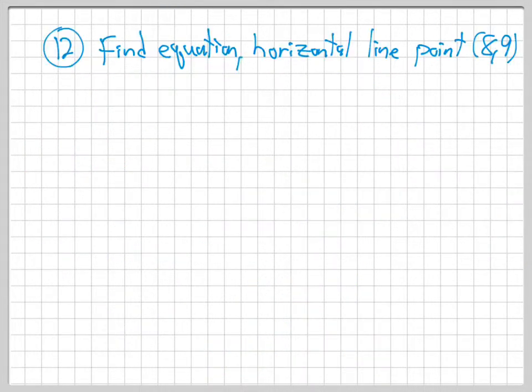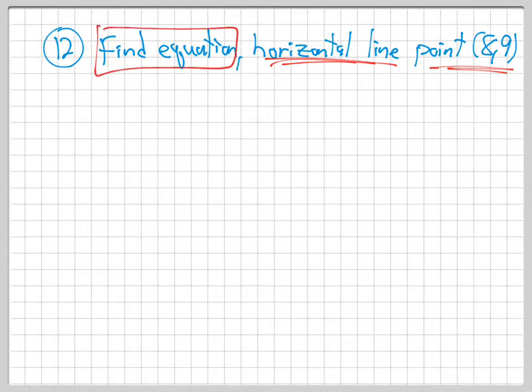All right, all these ones that say those magic words, find the equation, let me summarize this for you. What it means is that, step one, you've got to find the slope somehow.